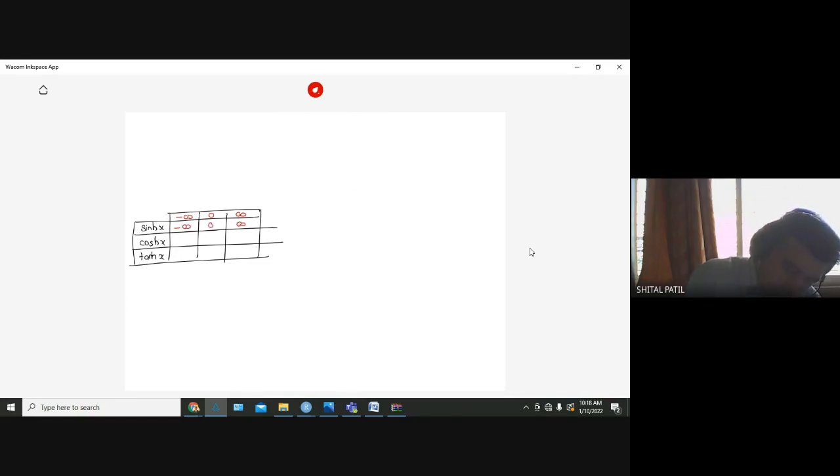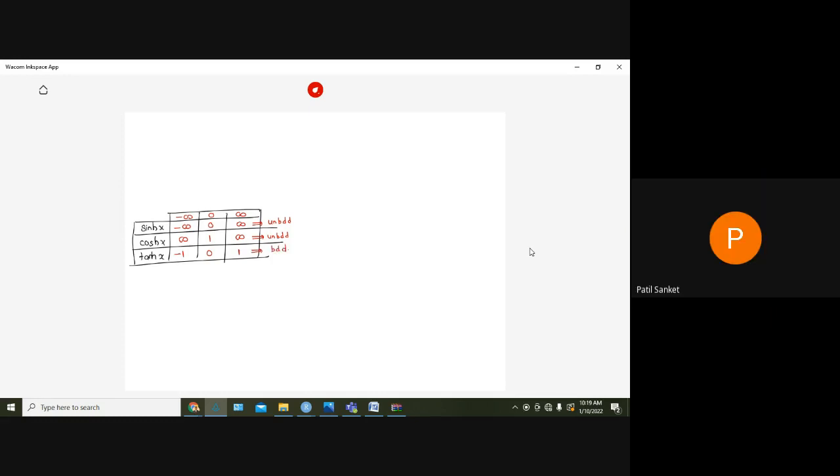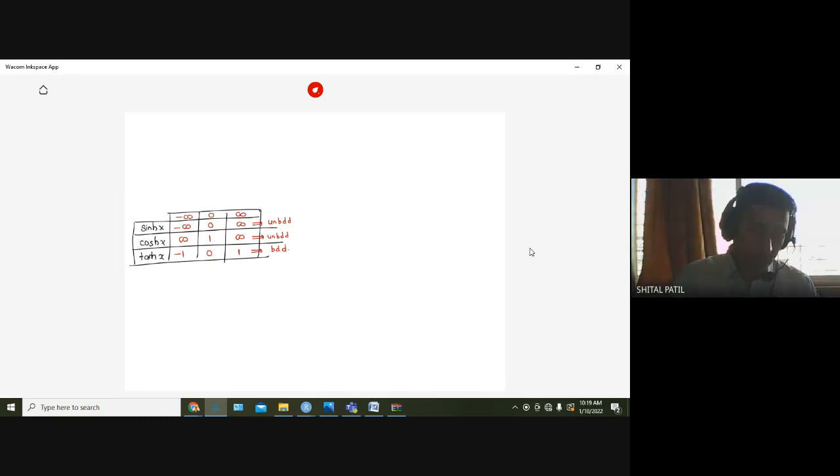For cos hyperbolic: infinity, 1, infinity. Please cross check it. In the case of tan hyperbolic, it is minus 1, 0, and 1. So this is unbounded, this is also unbounded, whereas tan hyperbolic is a bounded function.